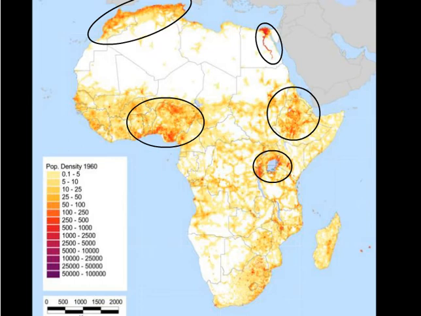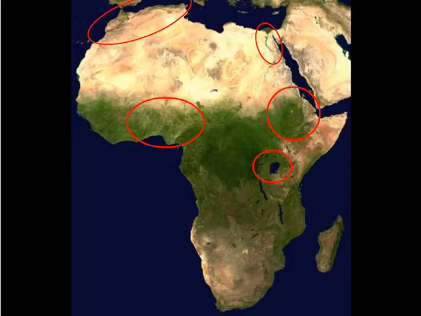A lot of this has to do with the local climate and the local environment, the physical environment, which becomes quite apparent when we throw in a satellite map. First off, up in the upper right-hand corner, we see the Nile River. In an area of desert, the Nile River provides a river source that provides agriculture, transportation, and so forth.